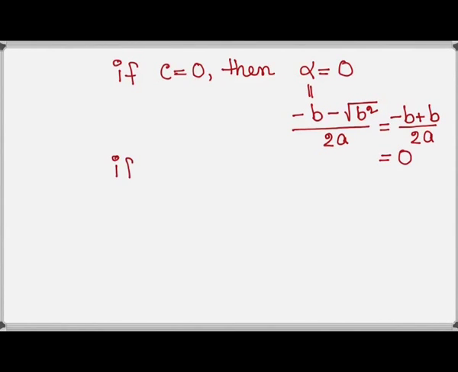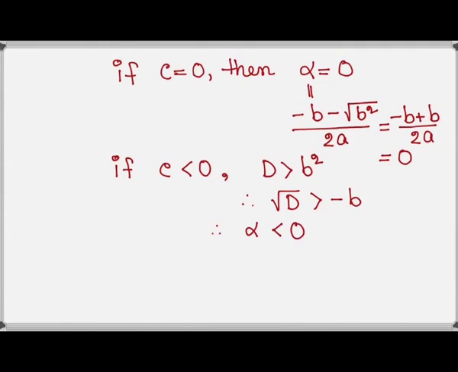Now if c is strictly less than 0, that is if c is negative, then D is strictly bigger than b square. So therefore we have square root of D is strictly bigger than minus b, and hence we can say that alpha is strictly less than 0.